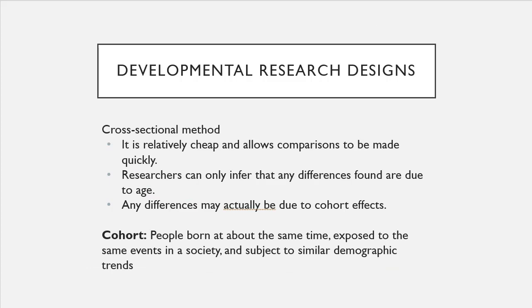So some benefits of the cross-sectional method is that it's relatively cheap and allows comparisons to be made quickly. We can do a study of 10 years worth of time in a very short amount of time. The researcher can only infer, however, that any differences that are found are due to age. Okay, so we can't say that it's an experience that each group had, because they all have different experiences.